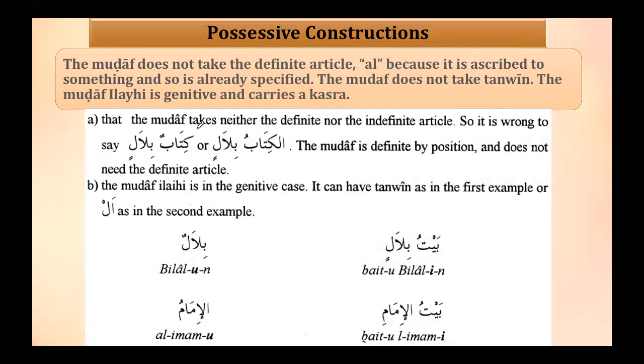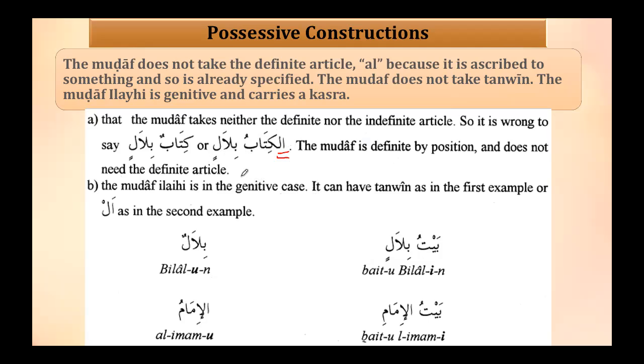When we said kitabu, we cannot put an al in front of it. It would be wrong to put an al. The reason is because when you say kitabu bilalin, even though the al is not there, kitab is already definite. Why? Because it is definite by position, because the book belongs to Bilal.